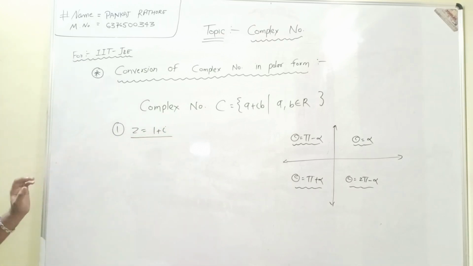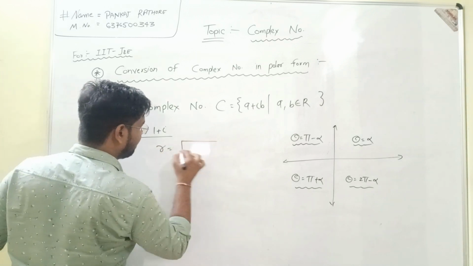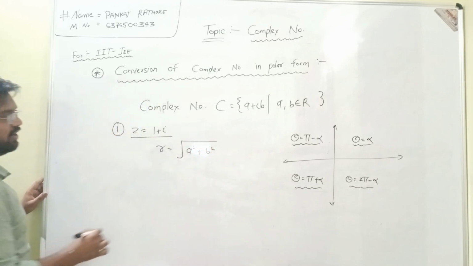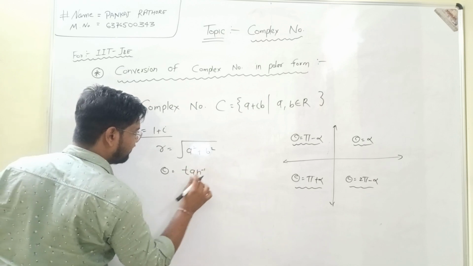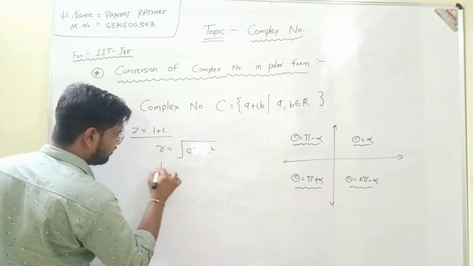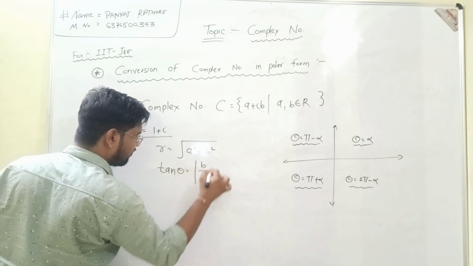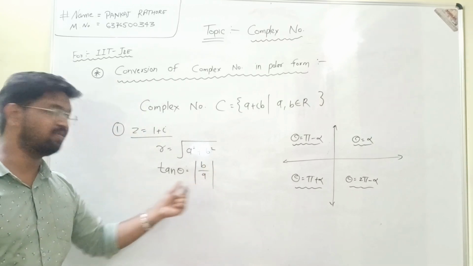So for the determination, r is equal to root of a square plus b square, and for theta, tan inverse of the modulus value of b upon a.